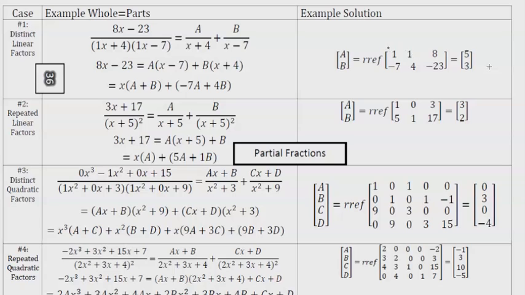So we have 1a plus 1b equals 8. 8 x's. And then the constant is negative 7a plus 4b is equal to negative 23 constants.